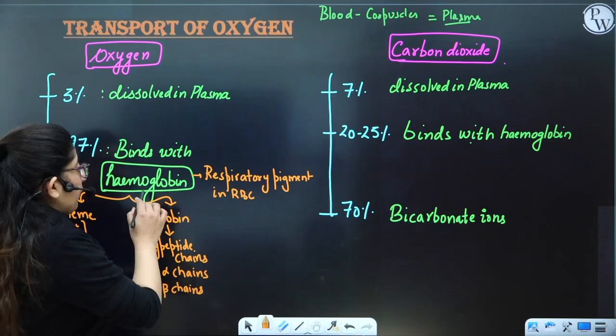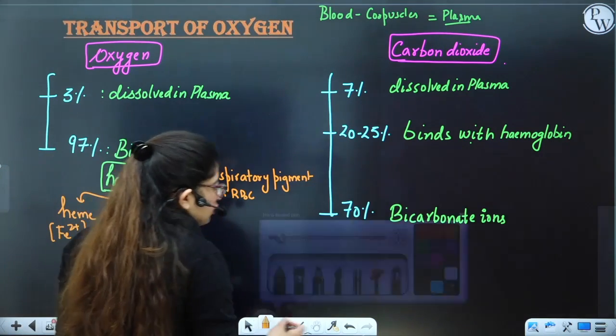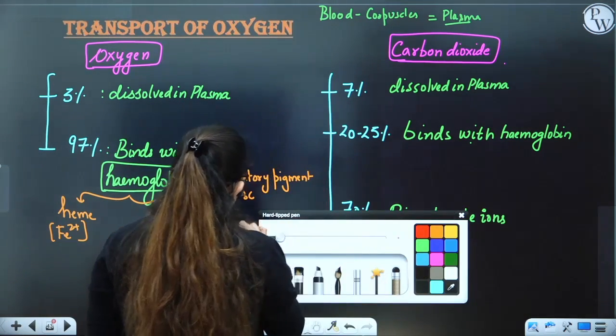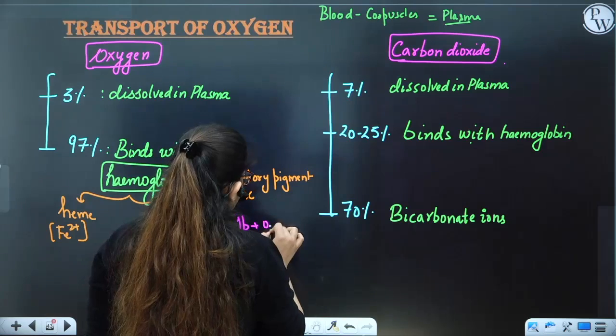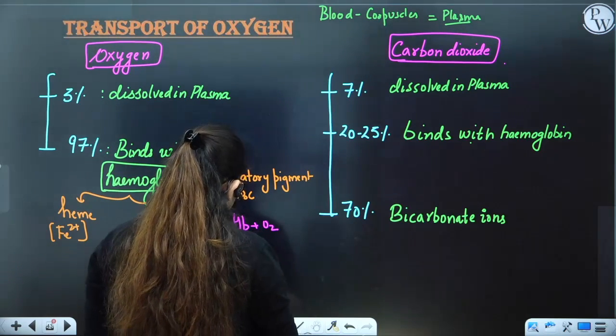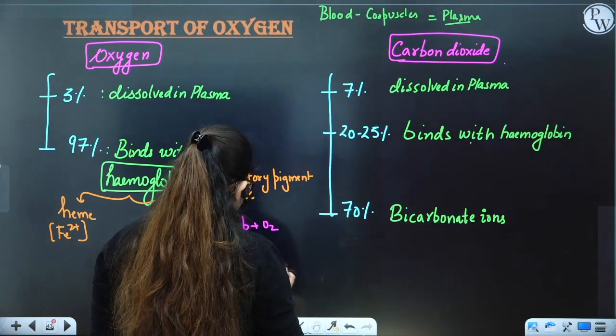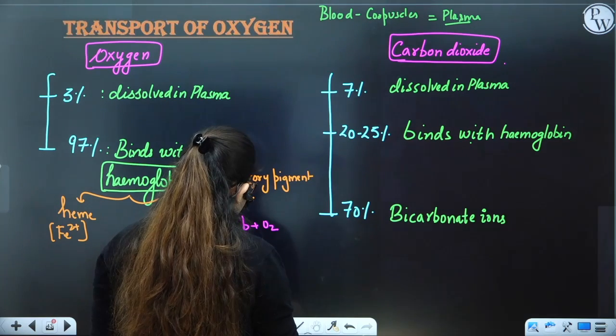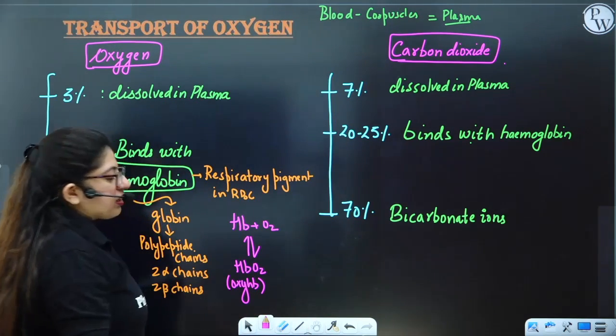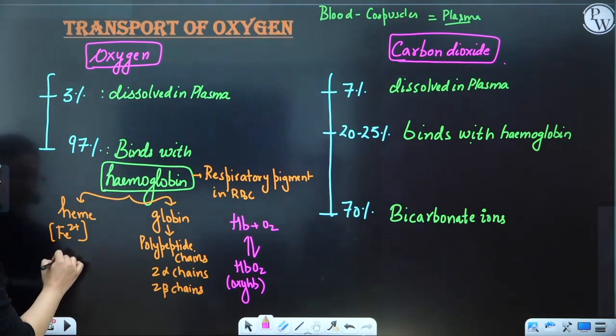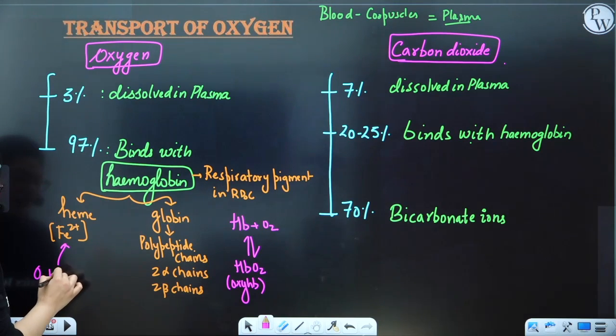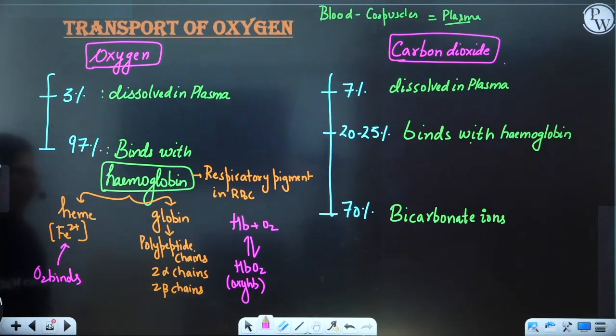So whenever the hemoglobin binds to oxygen, it forms the oxyhemoglobin, which is reversible in nature. So where does it bind? Here. So oxygen binds to the iron portion, right?